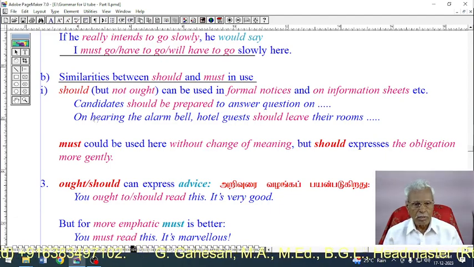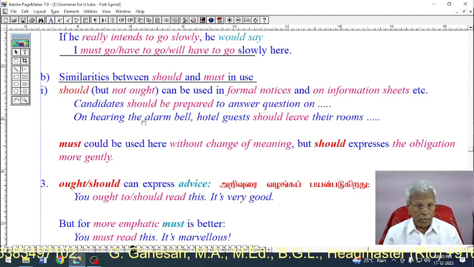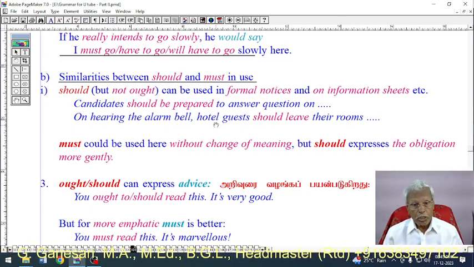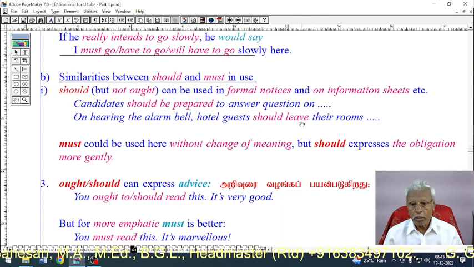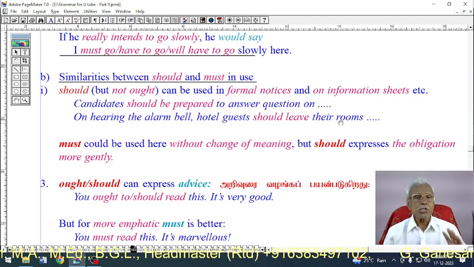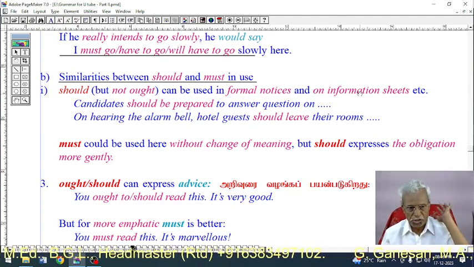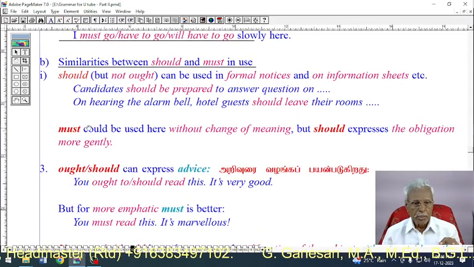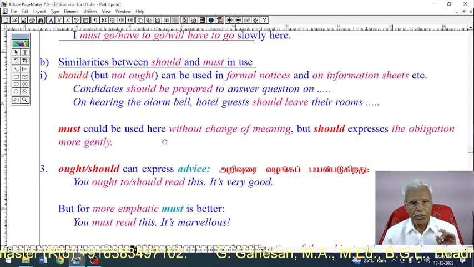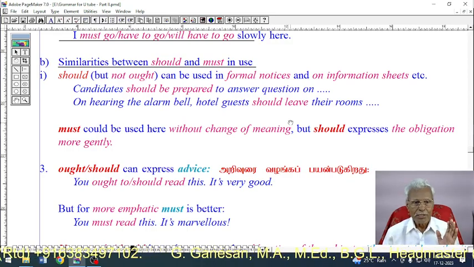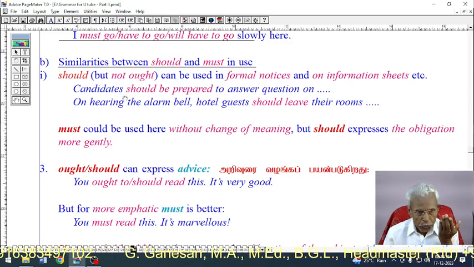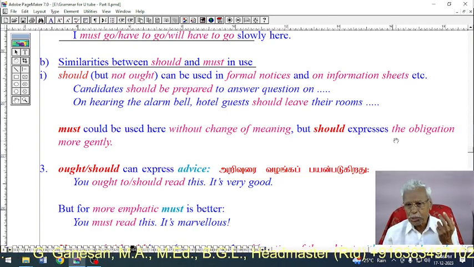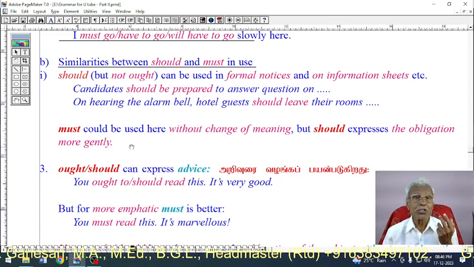On hearing the alarm bell, hotel guests should leave their rooms. It is a notice, it is information. So here we have used should. Must would be used here without change of meaning. That is, instead of should, we could use must. But should expresses the obligation more gently.